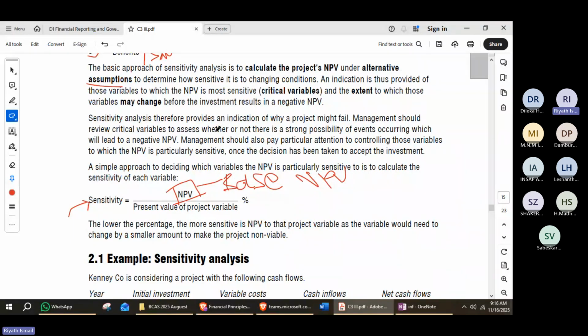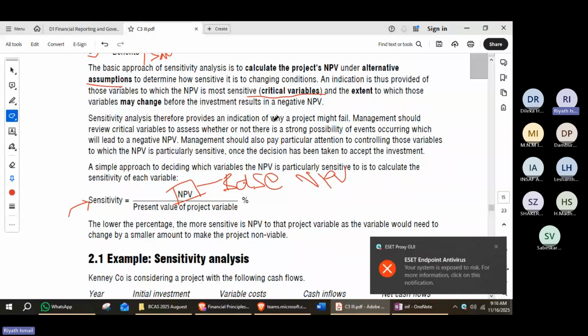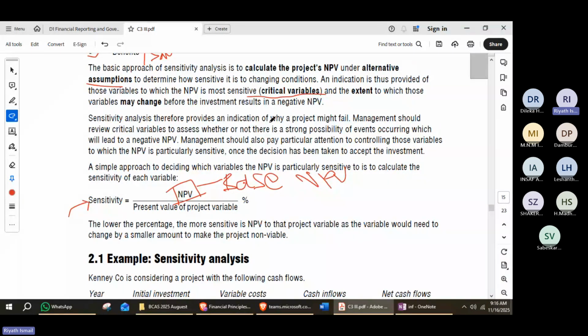Among these different variables, we have to calculate which variable is more significant, more critical. Sometimes operation cost may be critical. Sometimes selling price is critical. Sometimes sales volume is critical. So not all variables are critical or sensitive.